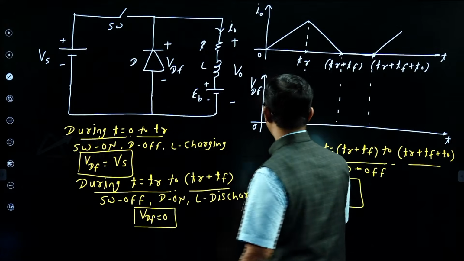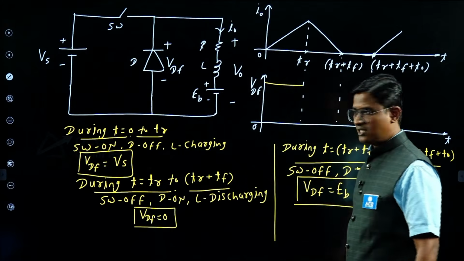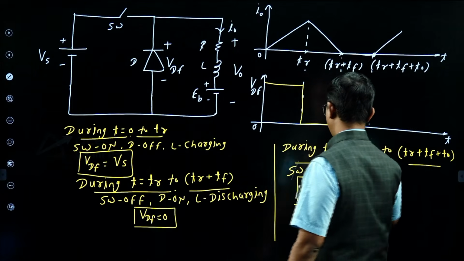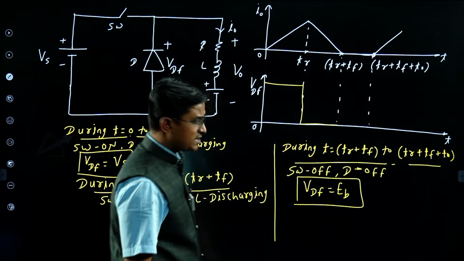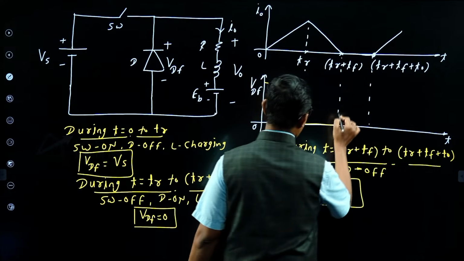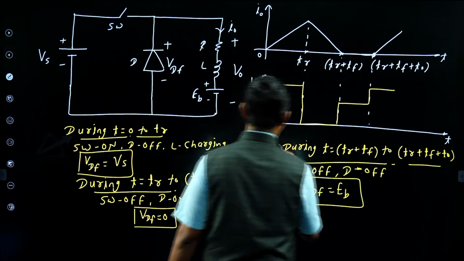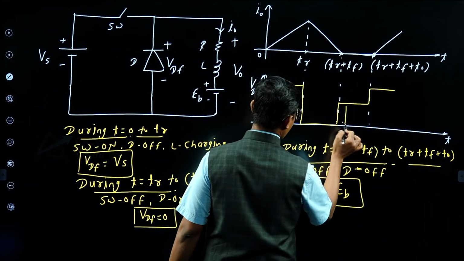During 0 to TR, VDF is Vs. During TR to TR plus TF, VDF is 0. Next and last interval, TR plus TF to TR plus TF plus T0, it is EB. So it is EB now in every chopping cycle. After that again it is same. So this is Vs and this is EB.